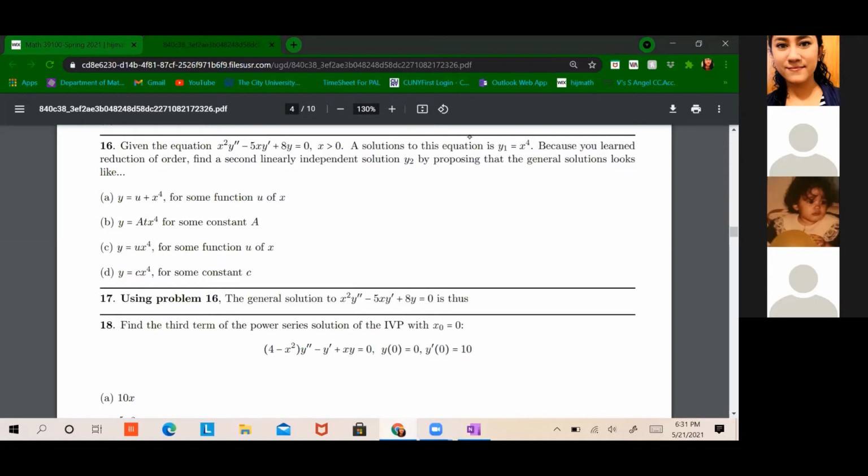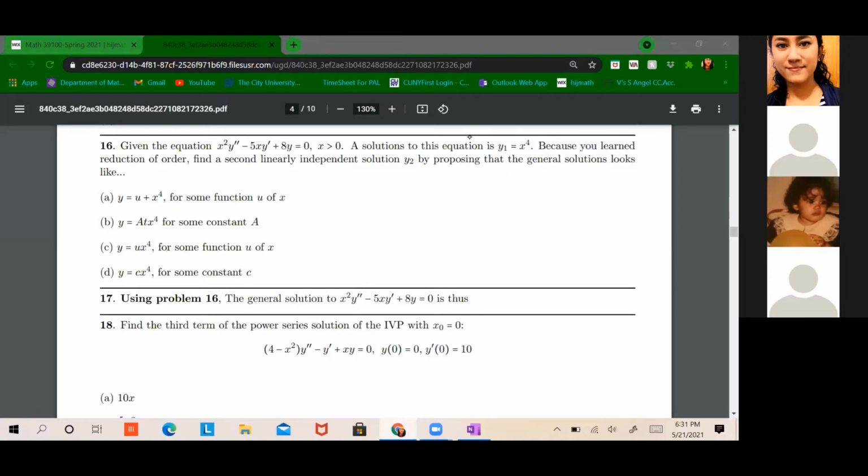Some of the terms will drop out, and you'll see that it becomes a nice reduced equation. Then you come up with another substitution, and that will reduce it to either a linear equation or a separable equation from chapter 2. And then you know how to solve it from there.